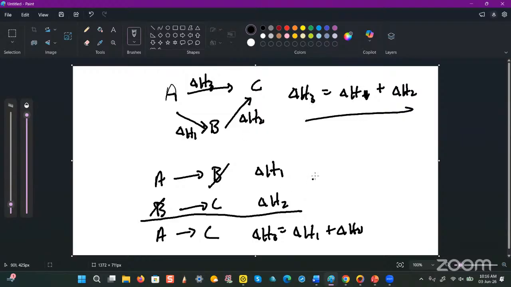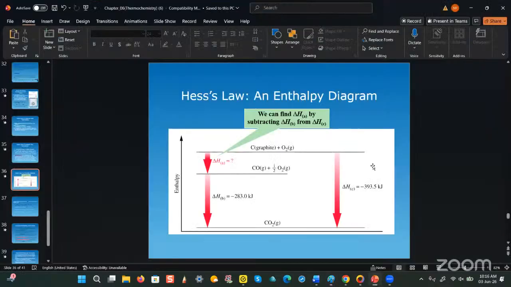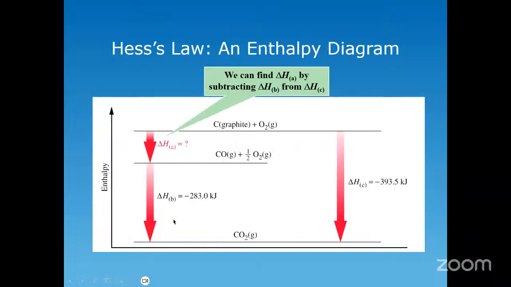With that said, let's apply this to the reaction where we're trying to find the enthalpy change going from carbon to carbon monoxide. This is what we're trying to find. But we know we can determine experimentally going from carbon monoxide and oxygen to form carbon dioxide. That has been determined, and the value is right here, minus 283.0. It has also been determined that carbon reacting with oxygen to form carbon dioxide gives this value. So based on Hess's law, this value would be the sum of these two.